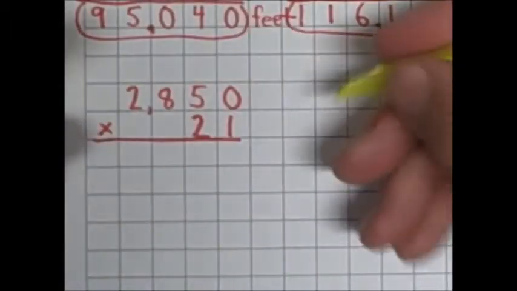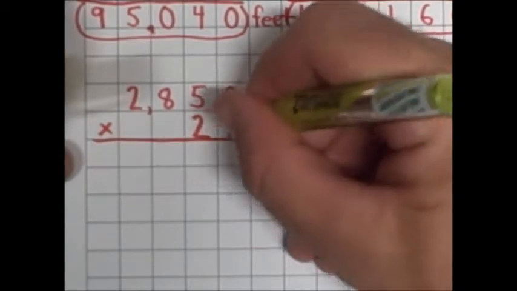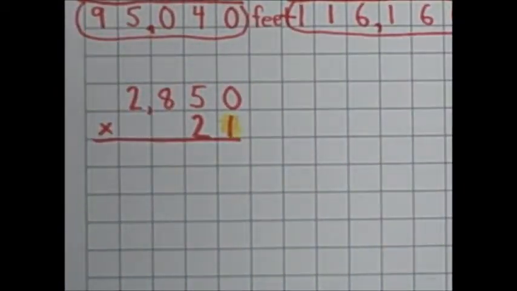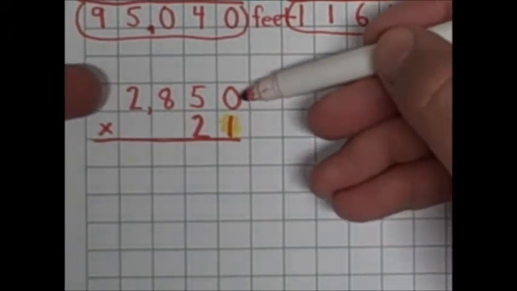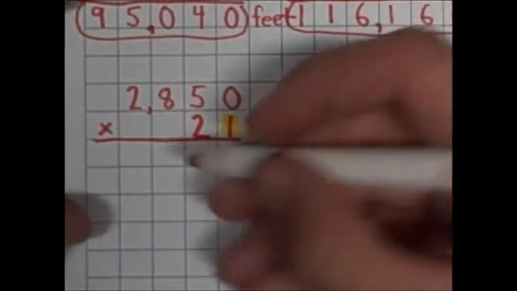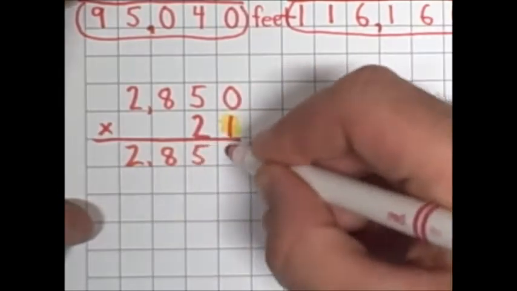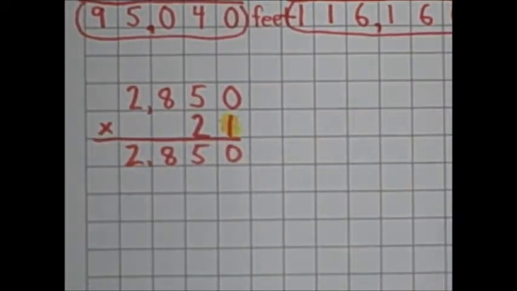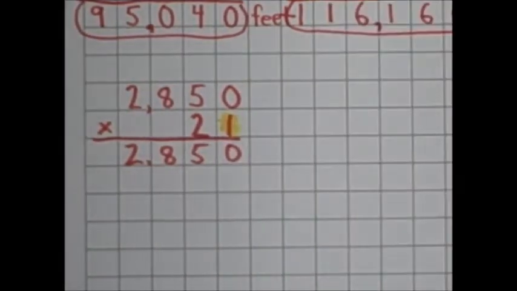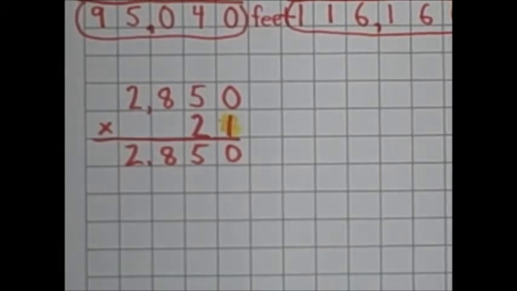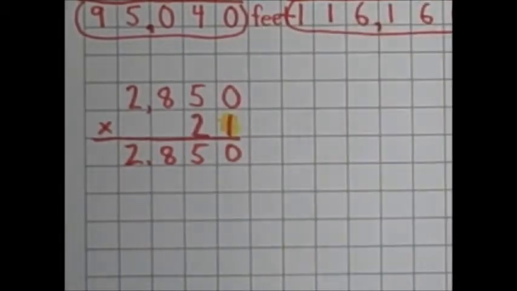Now when we find our first partial product, in my opinion, this is going to be almost mindless. Due to the identity property of multiplication, we're going to be multiplying 2,850, our first factor, by 1. Okay? So, naturally, one group of 2,850 must equal 2,850. Now, moving on to our second one, we have no regroupings to cross out.